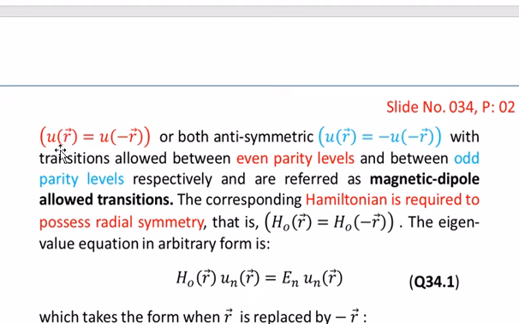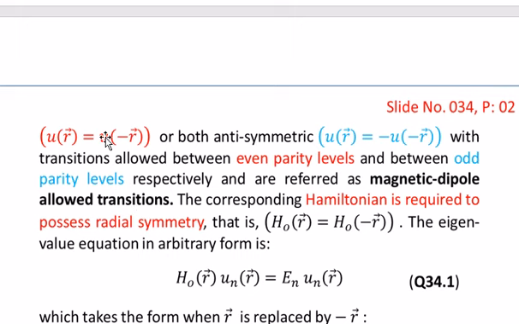That is, the radial wave function u of r could be equal to u of minus r in the symmetric case, and in the antisymmetric case we have u of r equal to minus u of minus r, with the transitions allowed between even parity levels and between odd parity levels respectively, and are referred to as the magnetic dipole allowed transitions.